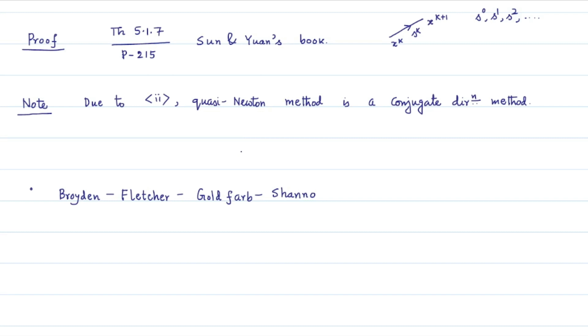They considered not the computation of the inverse of the Hessian, but approximating the Hessian and then getting an inversion formula. All four derived it independently in the same year, 1970, and thus this method is named after all four, Broyden, Fletcher, Goldfarb and Shanno, and abbreviated as the BFGS method.